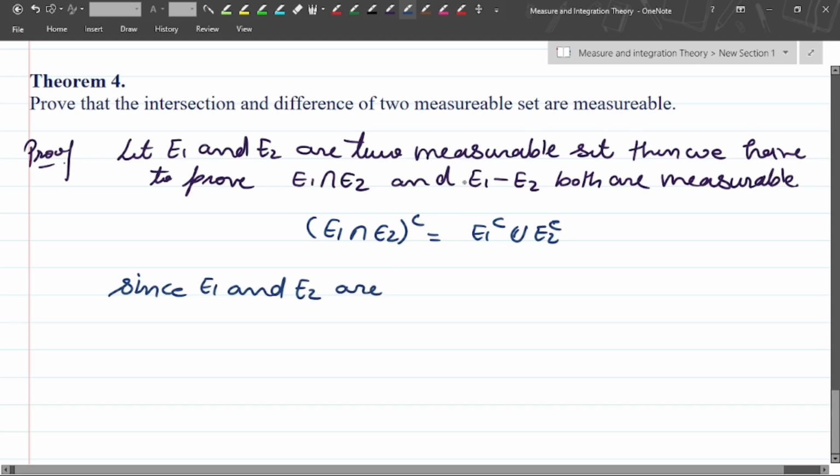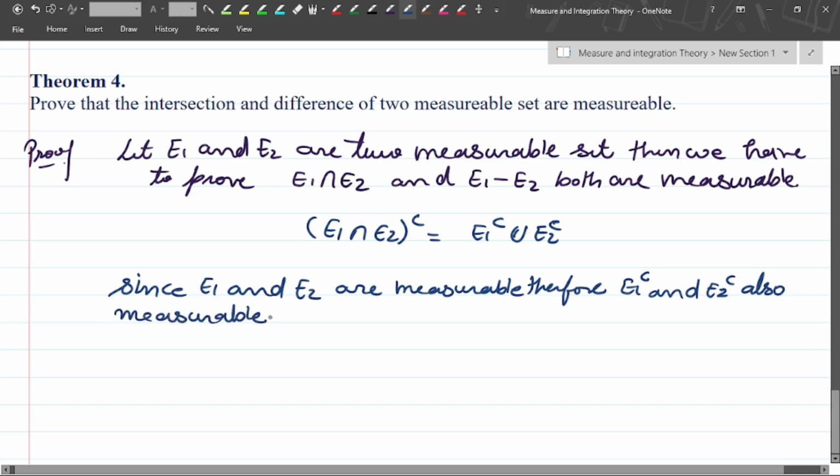Since E1 and E2 are measurable, therefore E1 complement and E2 complement are also measurable. That is the property of the measurable set that we have already discussed in our previous lecture.